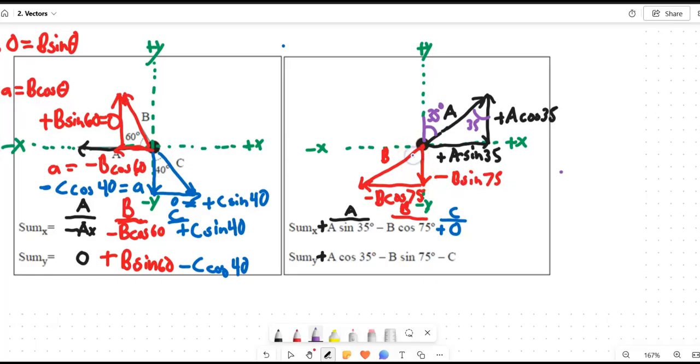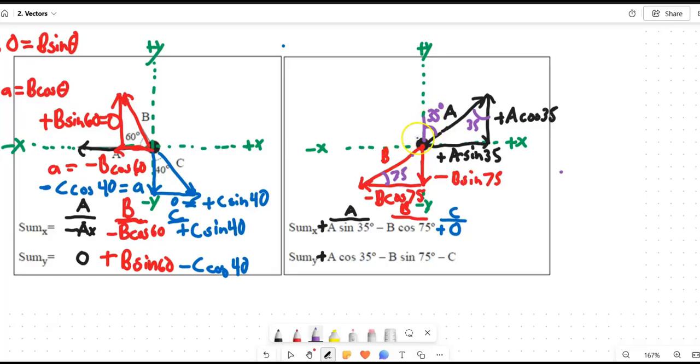It's either going to be this side or this side. For me, I look for cosine, because that is always the side that is physically touching the angle. So in this case, the horizontal is cosine. So that means the other side right here, which is the vertical side, can't be physically touching it. So this has to be 75 degrees.